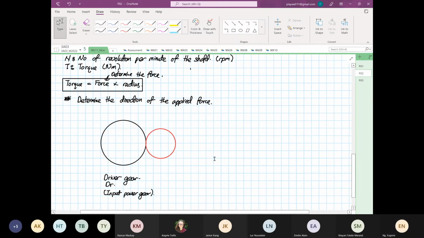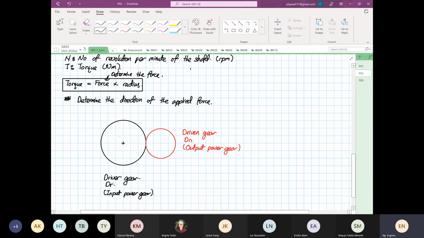This gear over here is our driven. I'll call it DN. And this is the output power gear. Or you can easily call it power output gear, input gear.